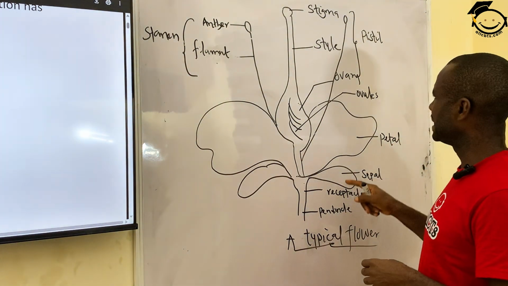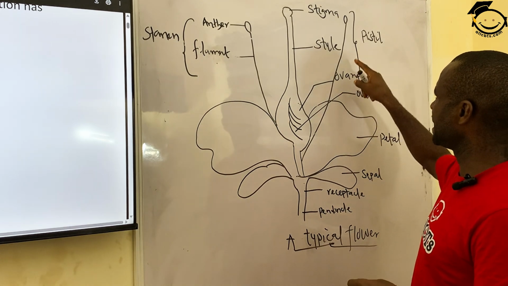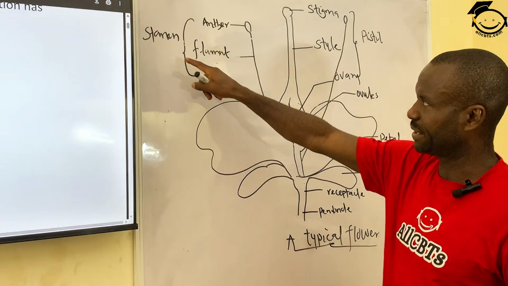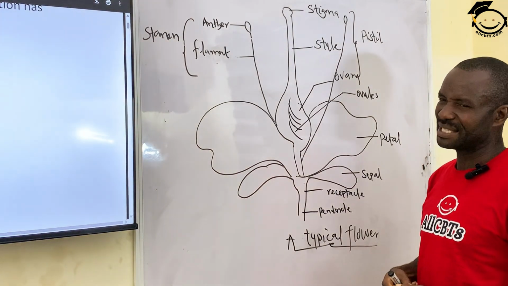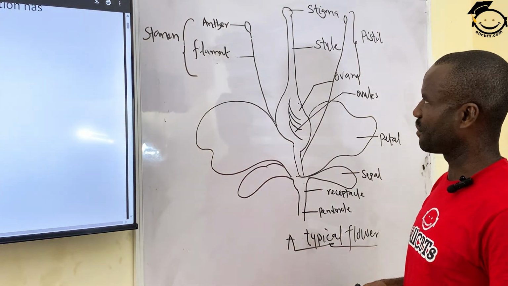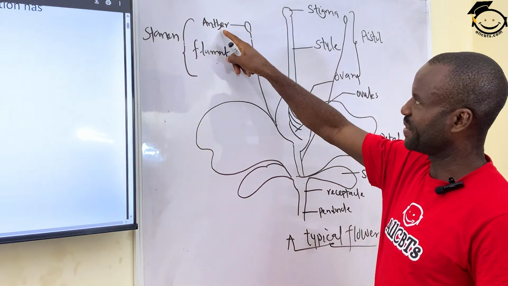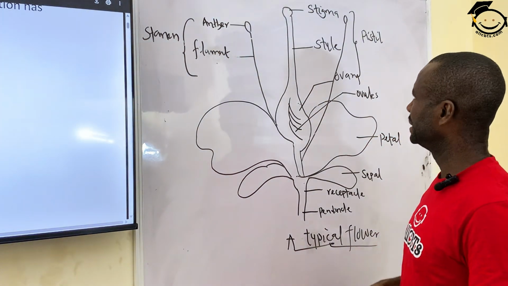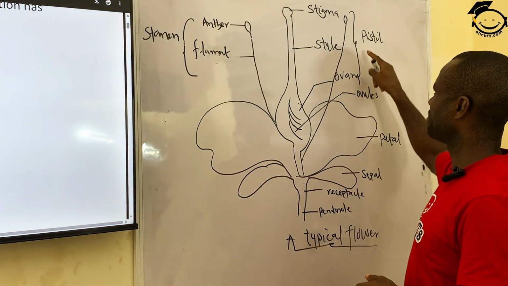Then we have another one called the stamen. The stamen is the male sexual part of a flower, which consists of the anther and the filament. Then we have the last one, which is called the pistil.